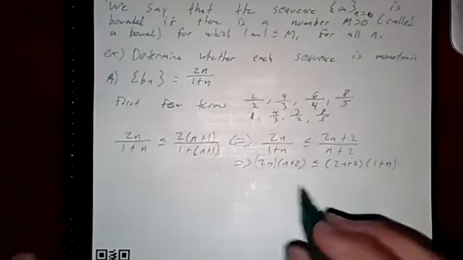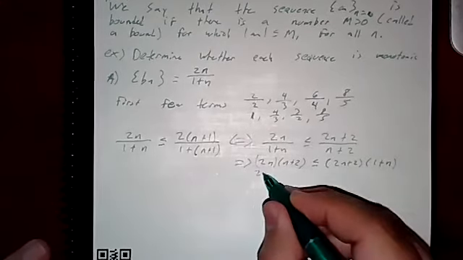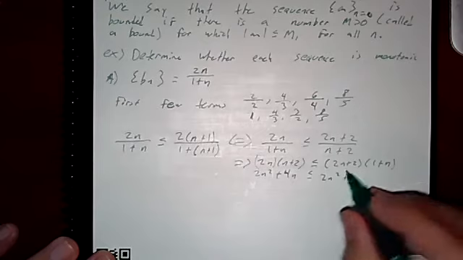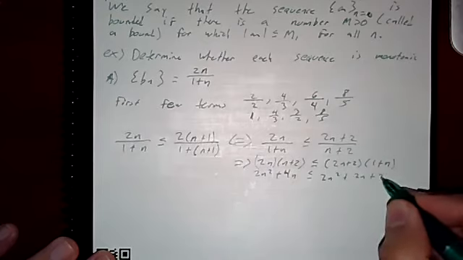If I FOIL all this nonsense, it is 2n squared plus 4n less than or equal to 2n squared plus, let me see, 2n plus 2n plus 2 plus 2n.